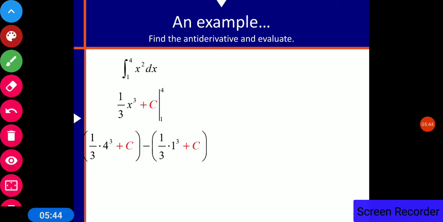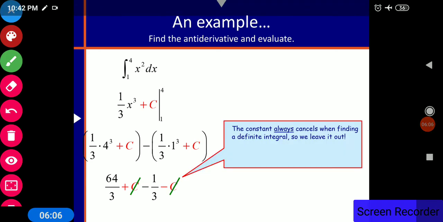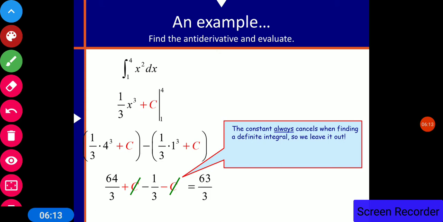Now put the upper value in place of x. So that is 1 by 3 into 4 cube plus c, minus the lower limit, that is minus 1 by 3 into 1 cube plus c. So what you will get here: 64 by 3 plus c minus 1 by 3 minus c. The constant terms cancel out each other. The constant terms always cancel while finding a definite integral, so we leave it out.